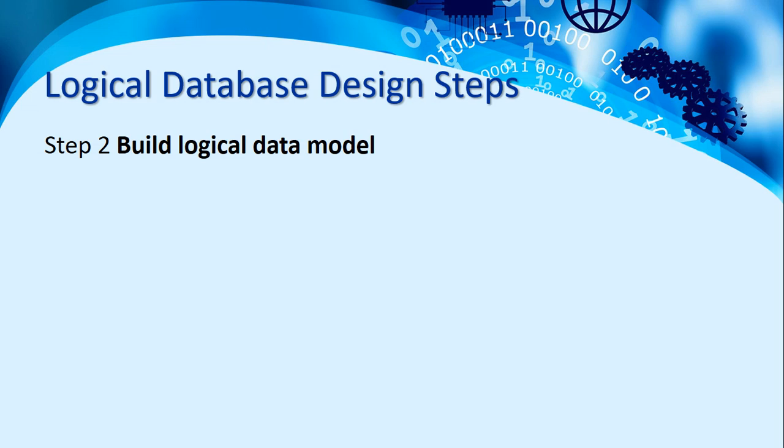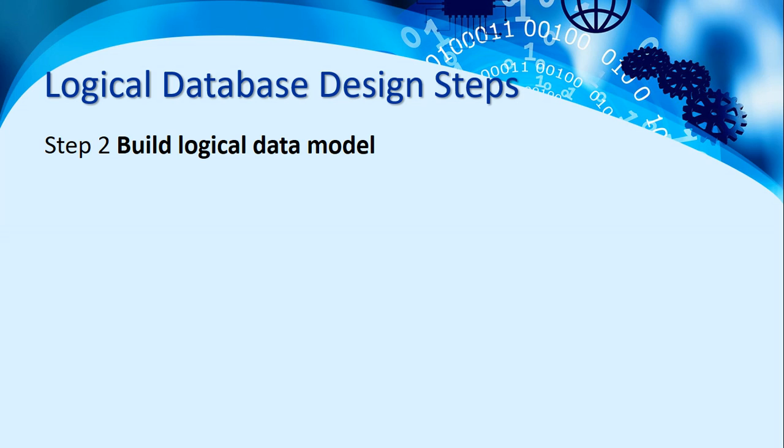So, nasa ano na tayo? Step 2. No? So, yung sa conceptual database design, step 1 pa lang yun. Ito sa logical database design, step 2 na siya. And same with the conceptual, may mga sub-steps pa to.